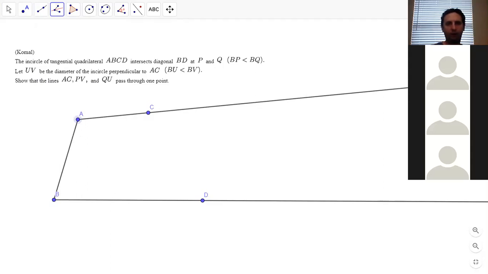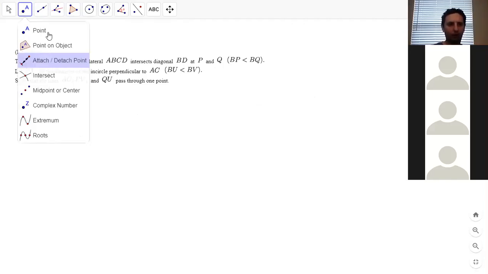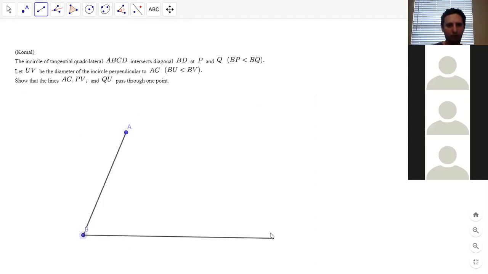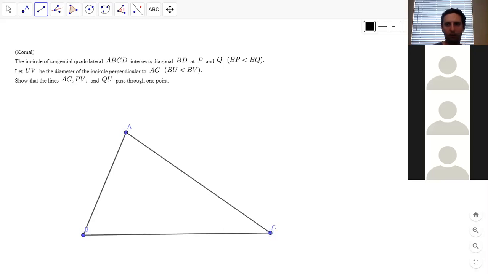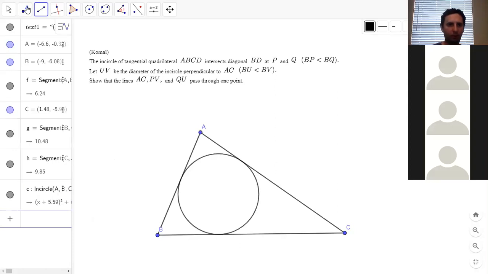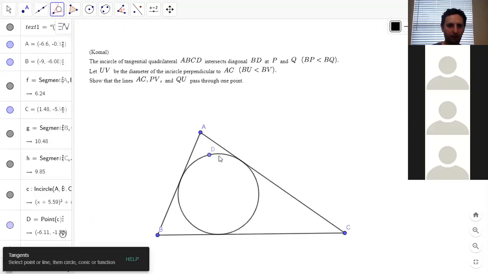Actually, you know what? There's probably a faster way to do it. Start with a triangle. Draw the incircle. And then just pick a point and then draw the tangents at that point.